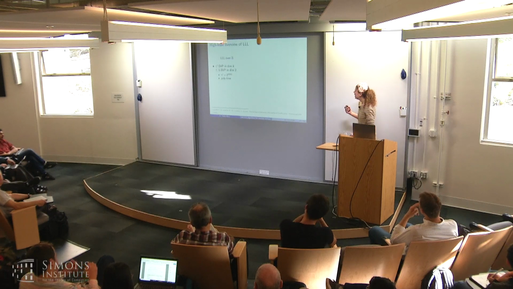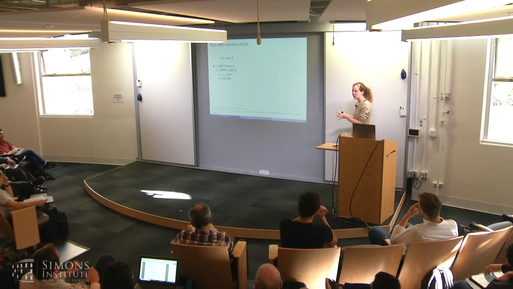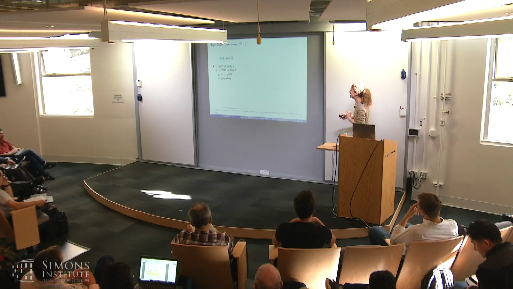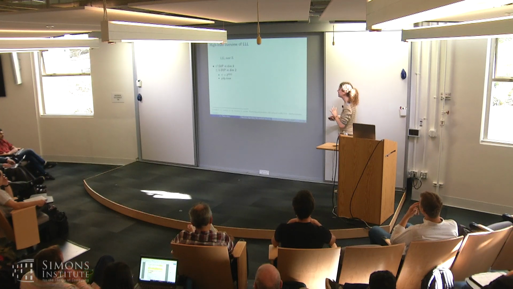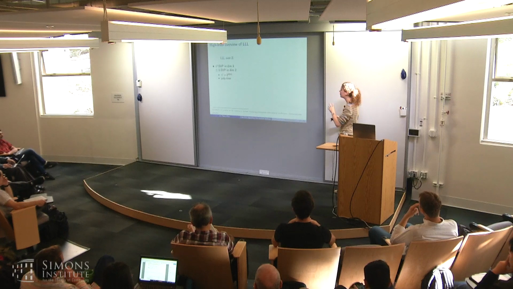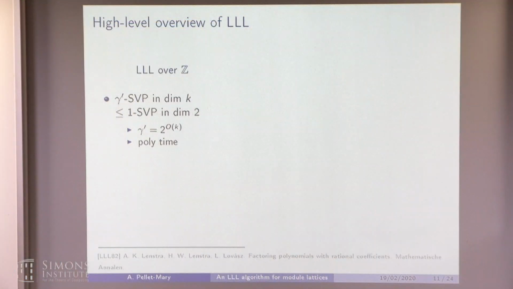Okay. So let me describe LLL in a way that looks a bit like BKZ, because that's what I'm going to mimic then for LLL over a ring. So basically, I'm going to see LLL as a combination of two algorithms. The first one is a reduction that uses an oracle solving exact SVP, the shortest non-zero vector problem, in dimension 2, and using that solves gamma-SVP in dimension k for an approximation factor that is exponential in k, in polynomial time.